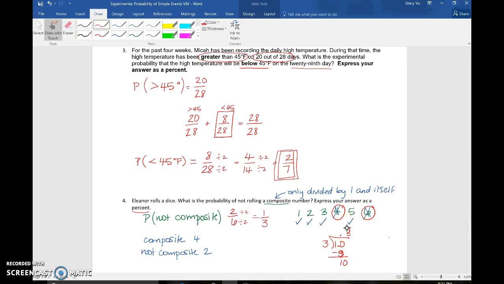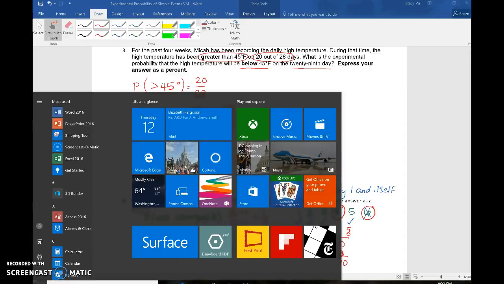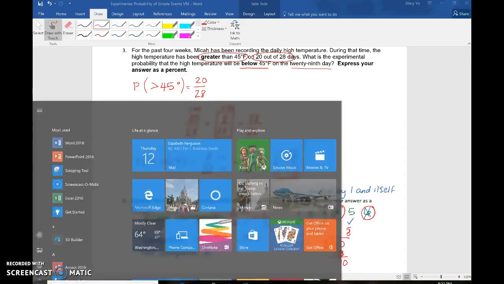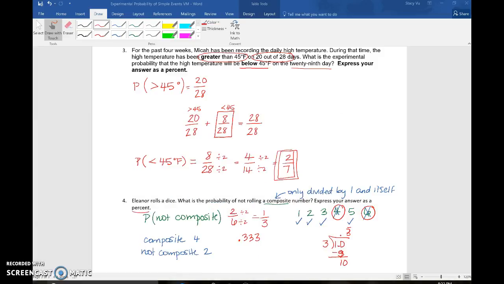So 0.3, 3 forever. And then to change it to a percent, Avery, stop. To change it to a percent, you're going to move your decimal 2 places. So it's 33.3%.